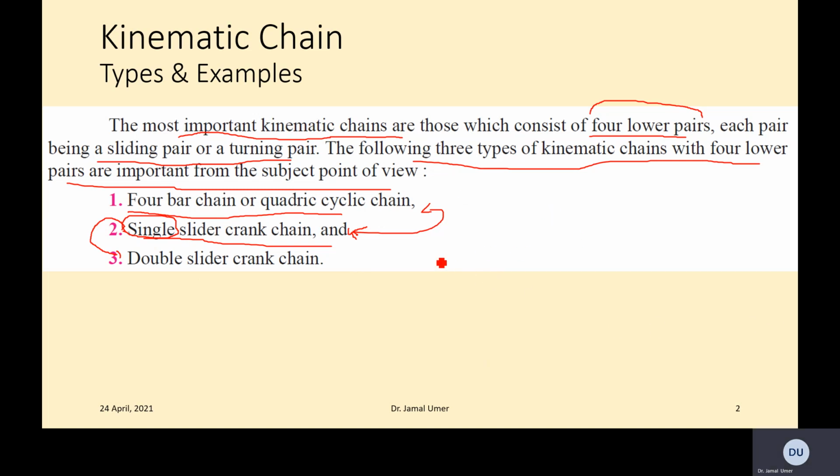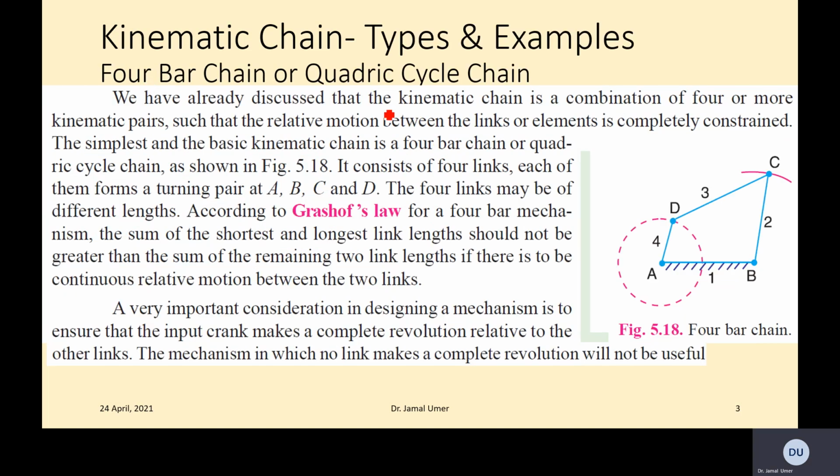Continuing, we have the 4-bar chain or quadric cycle chain. I'm quite sure you remember this diagram. In this example, link AB is termed link 1, link BC is link 2, link CD is link 3, and link AD is link 4.